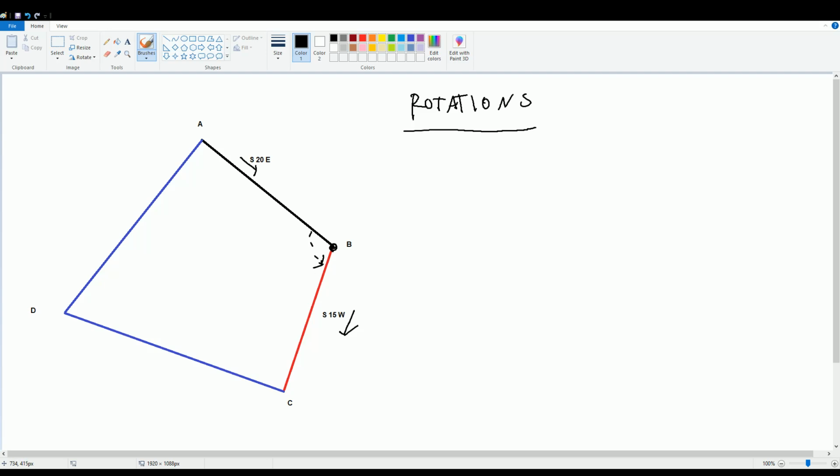In order to do this, the easiest way is to do everything from B's perspective. So we want to find from B to A and from B to C.